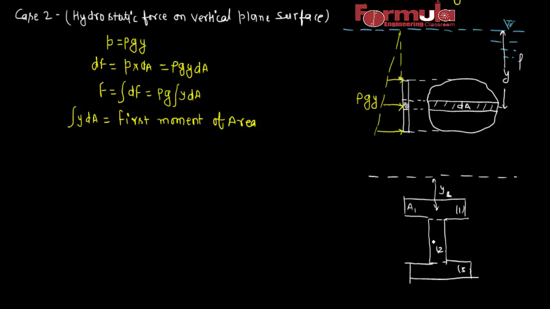Now for this part 2, let the area be A2, and the center of gravity of this part 2 is y2 distance below this reference line, and the area of this part 3 is A3, and the center of gravity of this part 3 is y3 distance below.